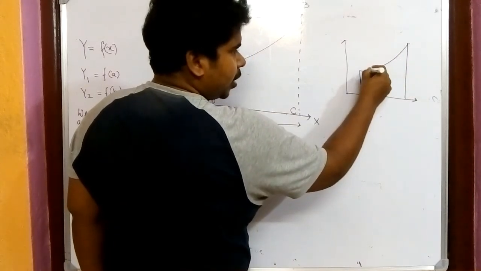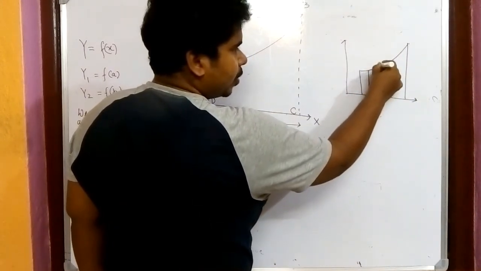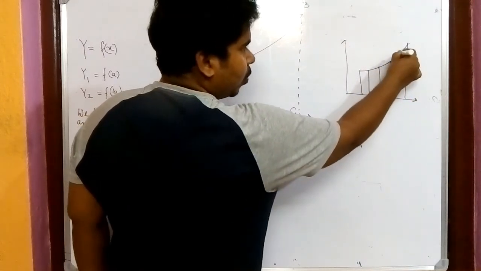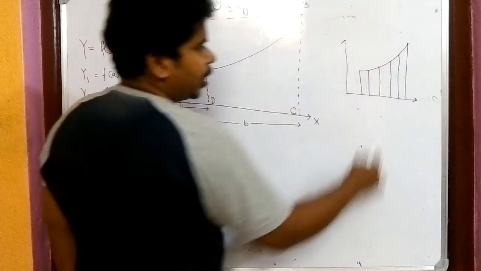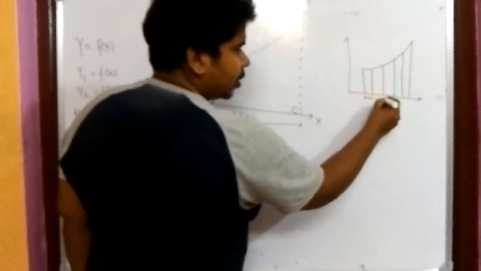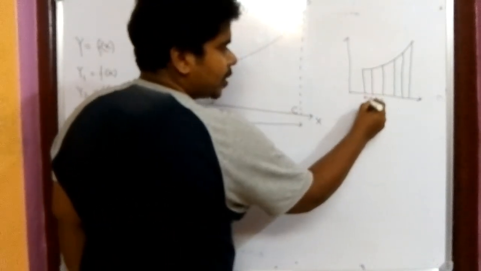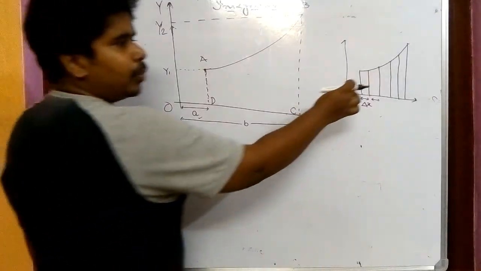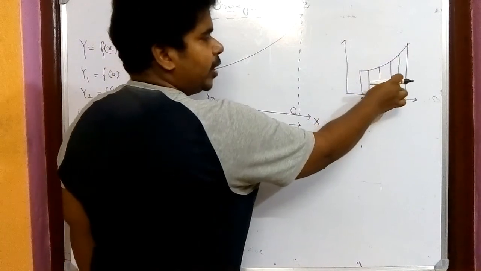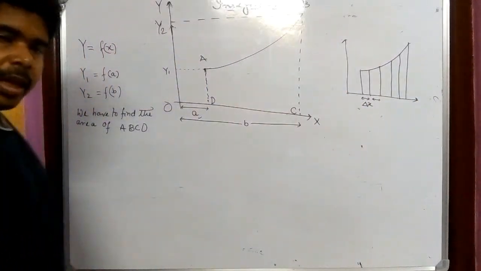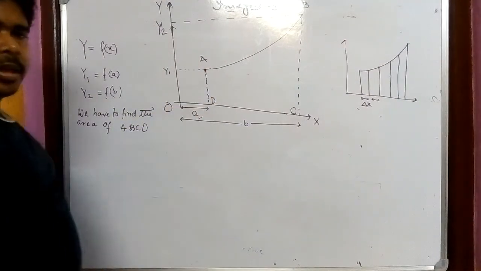I am just dividing the whole portion into stripes of the same width. Assume the width is delta x. Separately I have to find the area of each stripe and then add them, and then I can find the area.